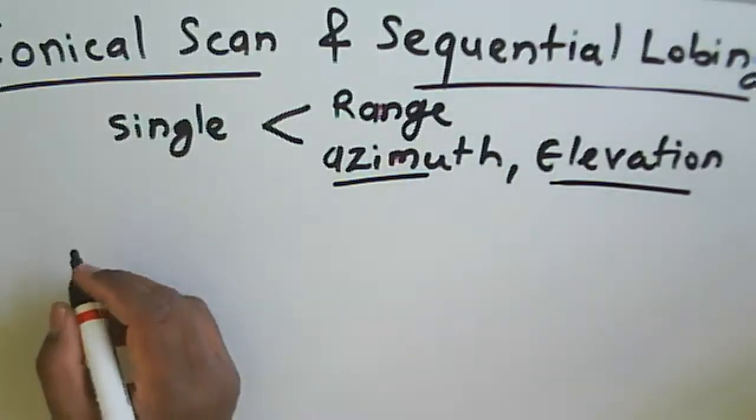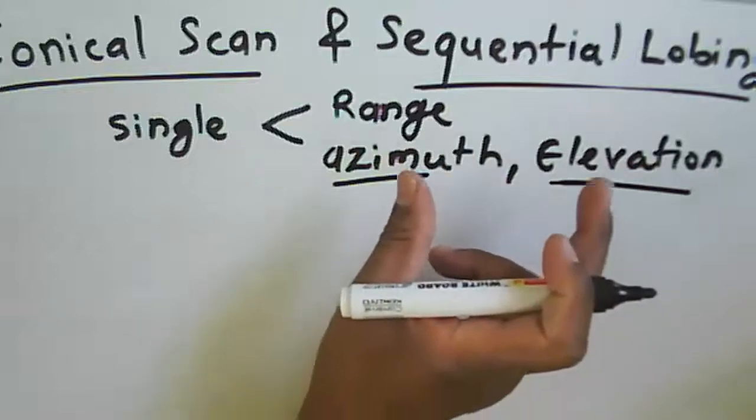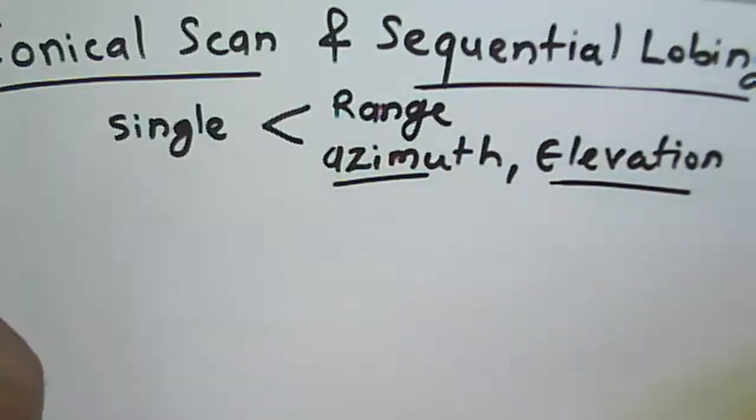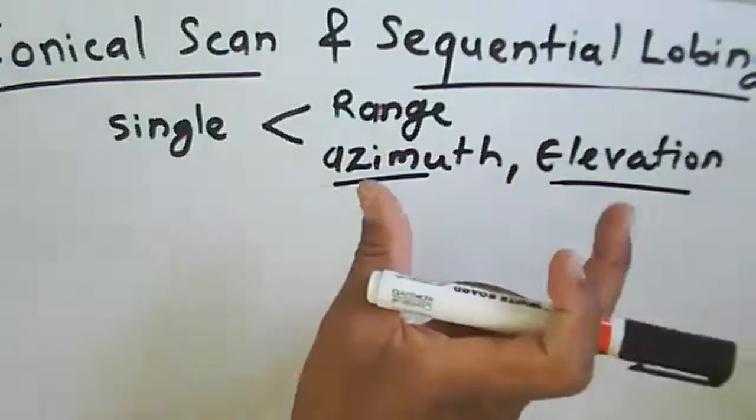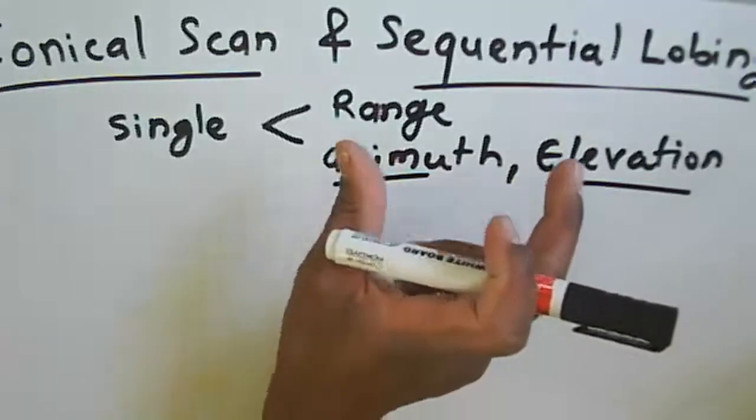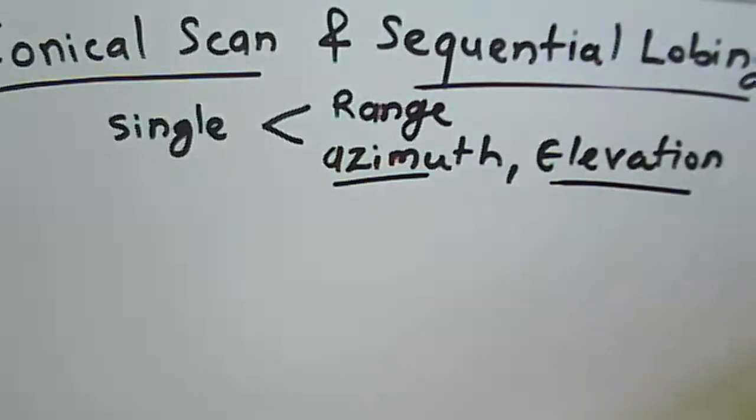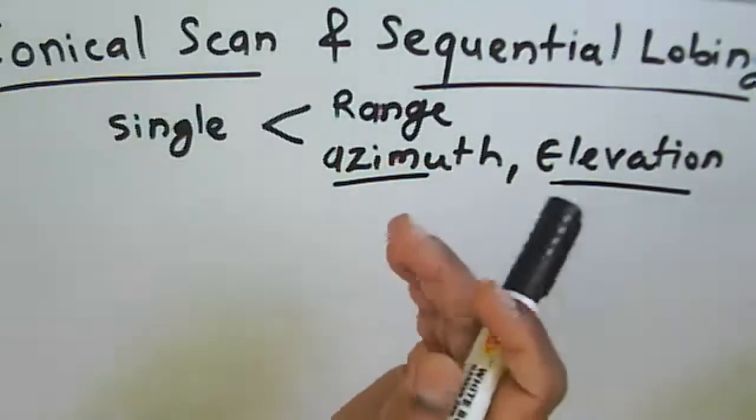That particular switching, or time sharing of a single beam antenna, is called sequential lobing, or sequential switching, or lobe switching.